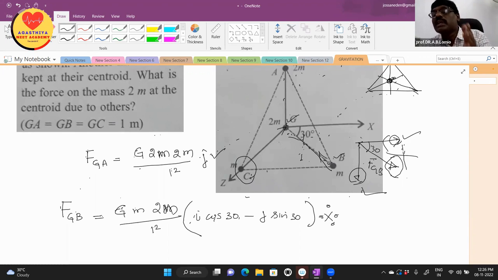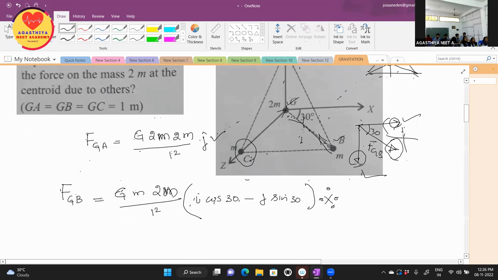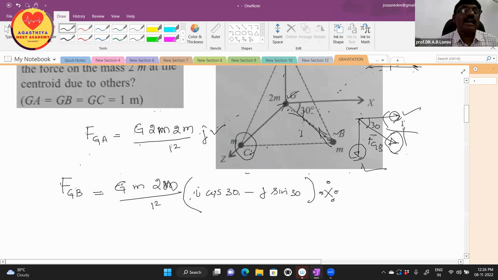Here between G and B, the force is acting at an angle. Therefore, it produces a horizontal component and a vertical component. We have to denote that horizontal component and vertical component. Understand, students? Yes, sir.